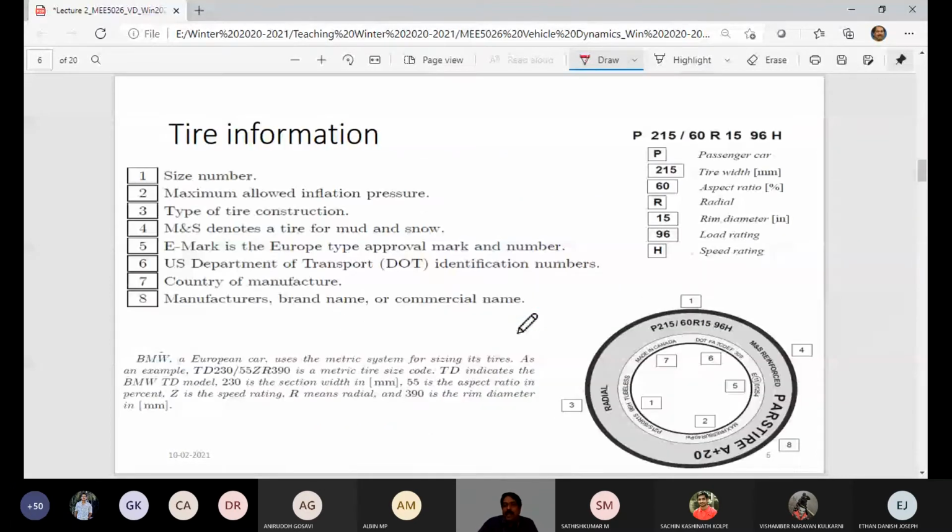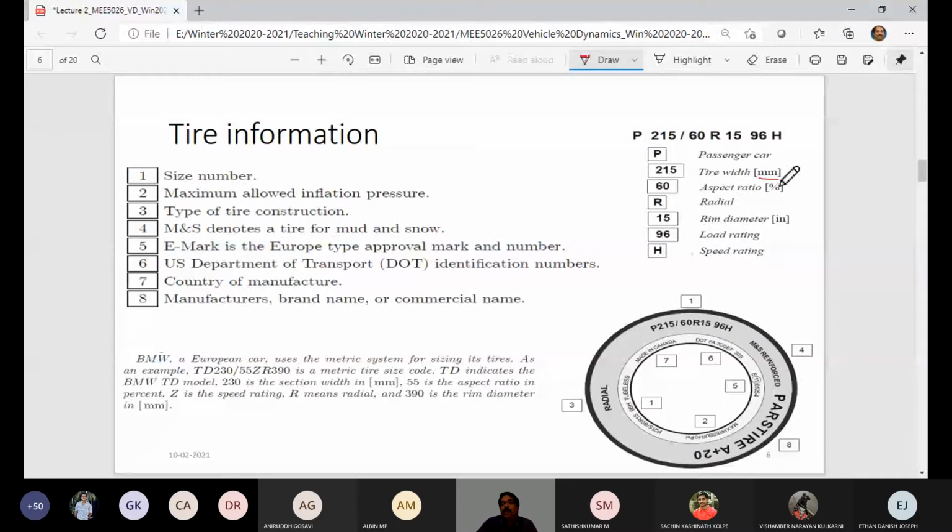Then look at another important piece of tire information. On the sidewall of any tire there are important markings, and the tire is nomenclated this way: P215/60R15 96H. P stands for passenger car tire, and 215 is the tire width in mm.